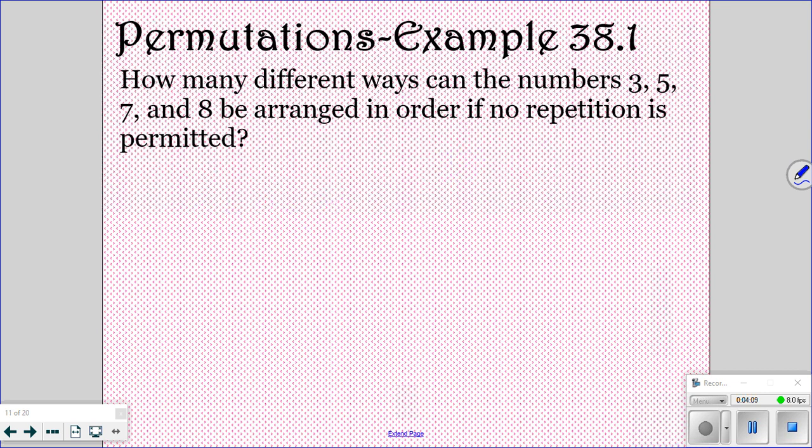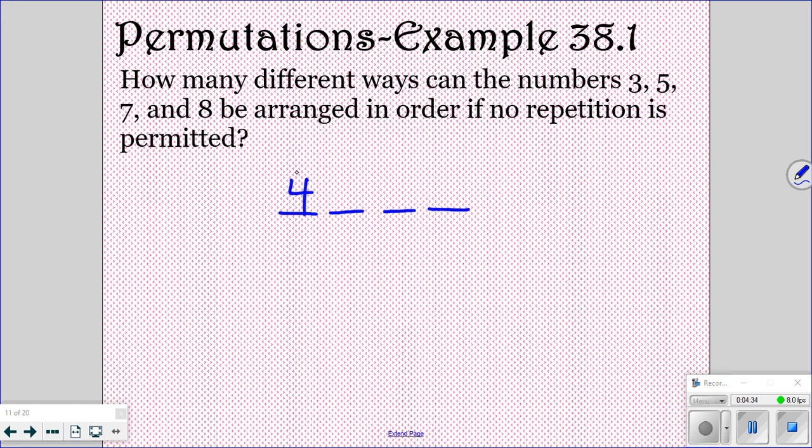So let's look here. How many different ways can the numbers 3, 5, 7, and 8 be arranged in order if no repetition is permitted? Okay, so we have 4 numbers that we're arranging, and we're not doing repetition, so no repetition. So in the first slot, we can put 4 options, any of the 4.